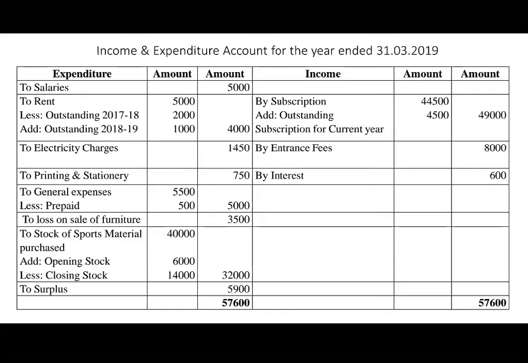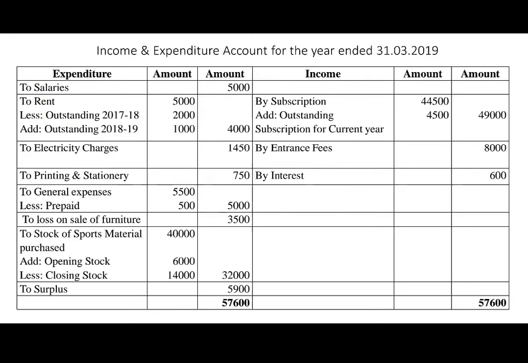If you see here, rent is given as 5000. Before adding the current year's, I will first less the previous year's. It is clearly mentioned: less outstanding 2017-18, which is 2000, and then add outstanding 2018-19, my current year, which is 1000. If the question says "including", it means you have to deduct it from the amount that is there.